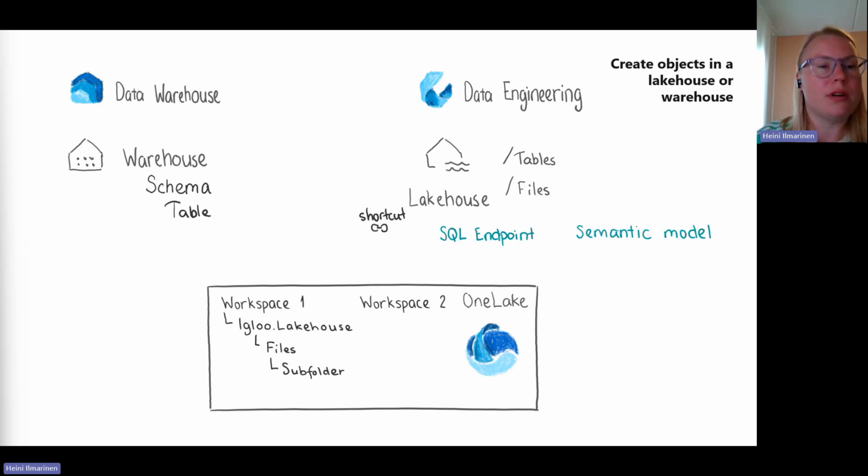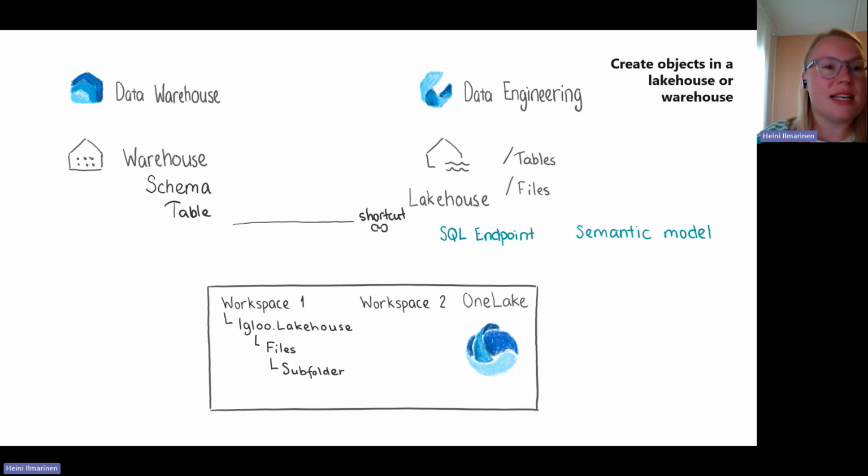For example, if you wanted to use some other item in one lake, you could create a shortcut and have that available in your lakehouse directly. You don't have to do this if your warehouse and lakehouse are in the same workspace, but if they were in separate ones, you would need to create a shortcut to be able to work on that data in your warehouse with the lakehouse capabilities.